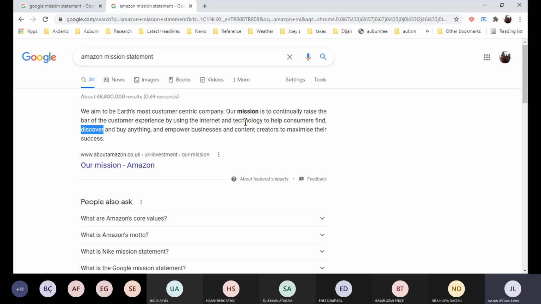So you don't want to make it so general that it's meaningless, but also remember that you don't over focus into being specific about what Amazon doesn't go into, like what type of products they're going to sell, right? They could sell anything, but they're also trying to help people find and discover those things, right? And so that's how they're going to incorporate things like web services and other tools like that.